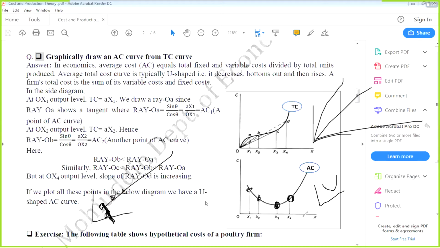Yes, sir. This diagram actually comes from what? Now look, the diagram depends on your total cost structure, simply. The diagram will be different.